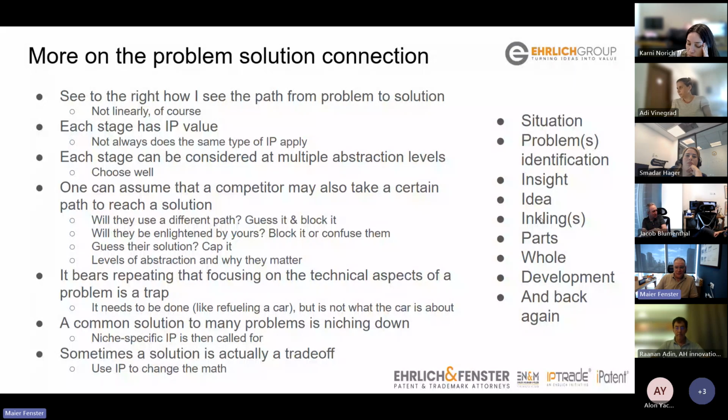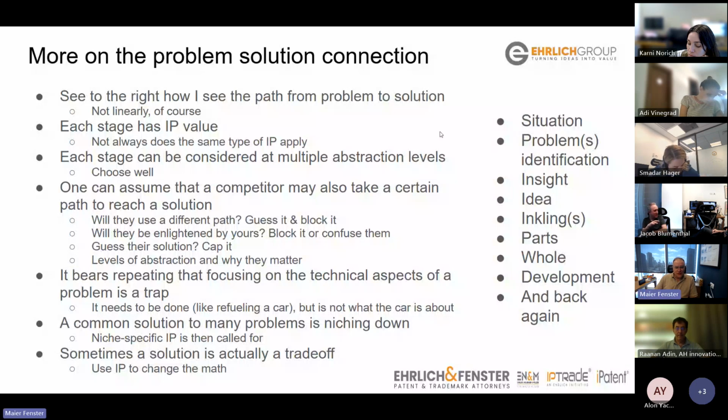And each one of these can be looked at multiple abstraction levels. If we look at the situation: obese people, the situation; people that don't like injectors, the situation; people who are scared of side effects, the situation; that there's money on the table in treating this and we'd like to make more money.